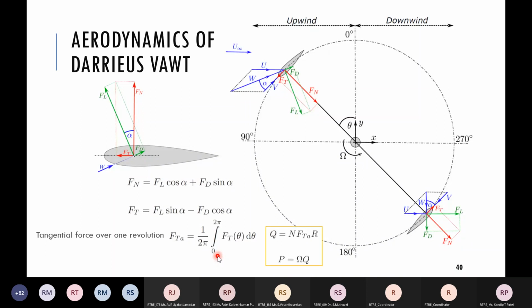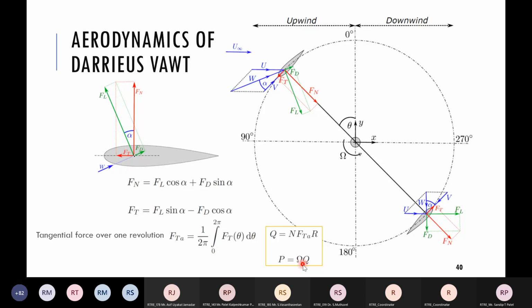And once we calculate the tangential force, the torque would be Ft into R into N, where N is the number of blades, and power would be torque multiplied by angular velocity.